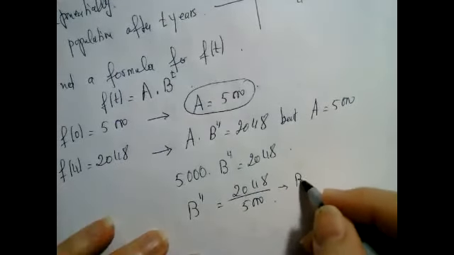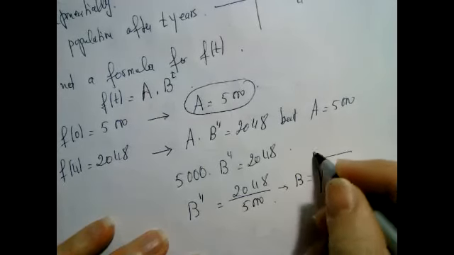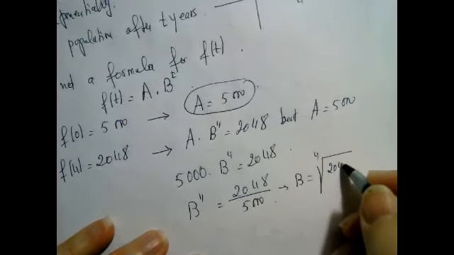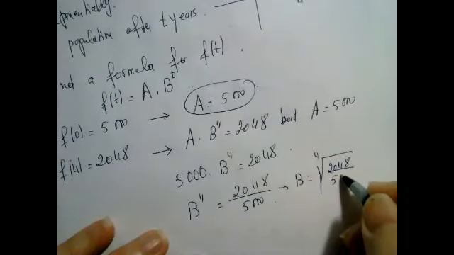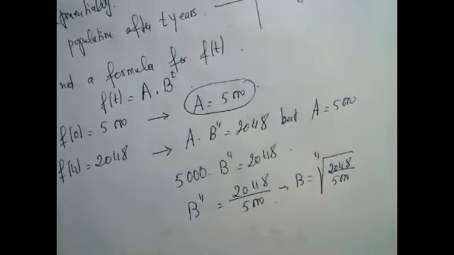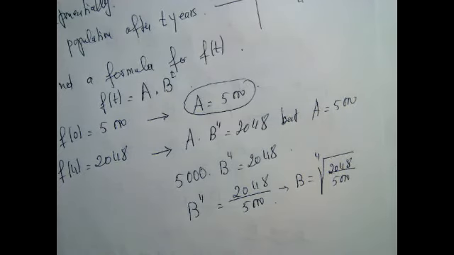So b is the fourth root of that. So that's a scenario where I have data points. I know it's exponential, but I want to know more about how the population is changing.